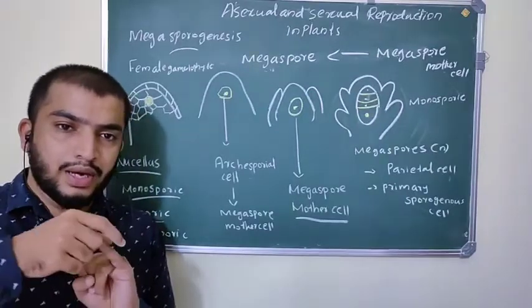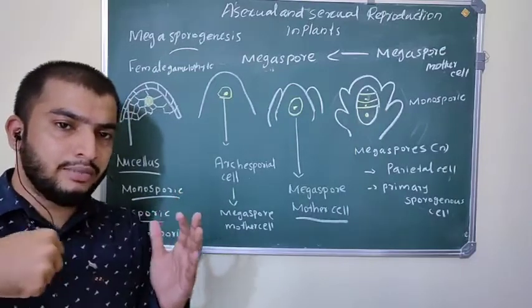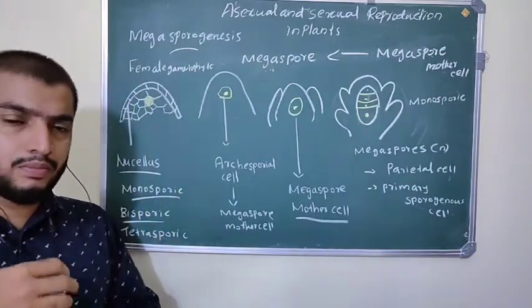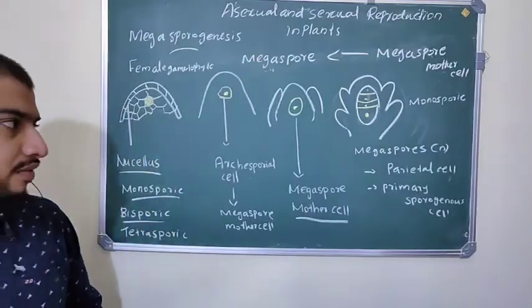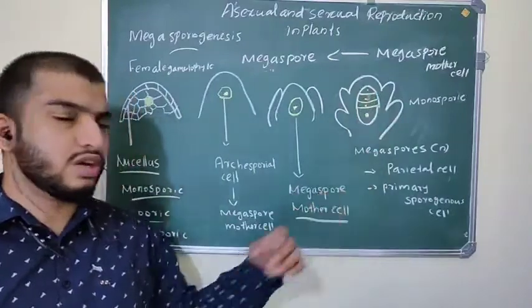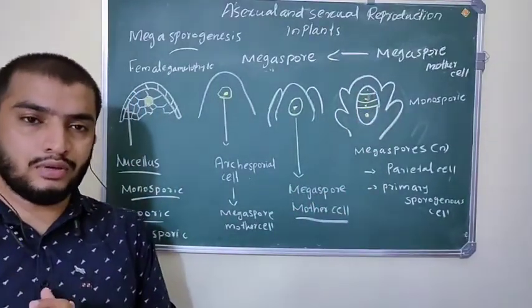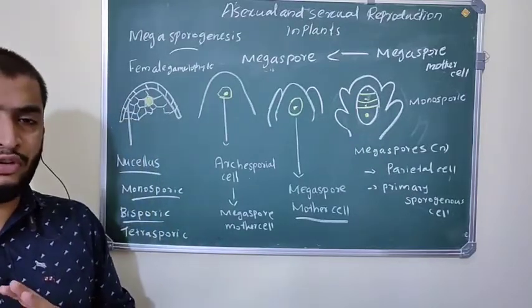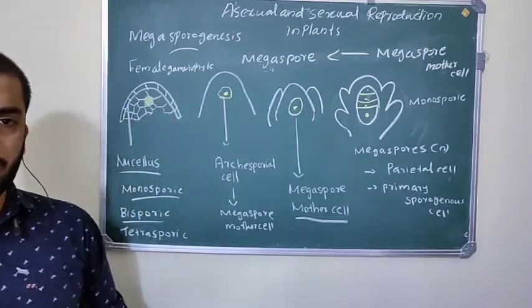The parietal cell divides and embeds the primary sporogenous cell in the nucellus, and this primary sporogenous cell becomes the megaspore mother cell, which divides into four megaspores. Based on development of the embryo sac, there are three types: monosporic, bisporic and tetrasporic.